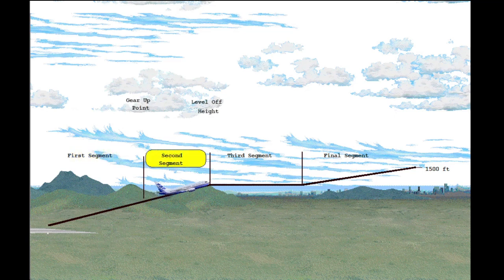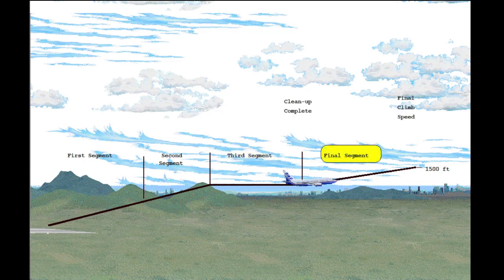The second segment is from the gear up point until the airplane reaches the target level-off height. The third segment covers the level flight acceleration and flap retraction. The final segment begins when the flaps have been retracted and the airplane has accelerated to the engine-out final climb speed.